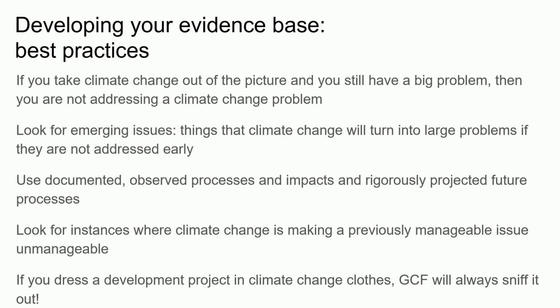But what if climate change makes that drought happen not every decade, but every 7 years or twice a decade? Well, then the adaptive capacity, the coping capacity of the people is exceeded in many cases, right? So it becomes a bigger problem that is no longer locally manageable. So that's a good potential climate change issue to address.